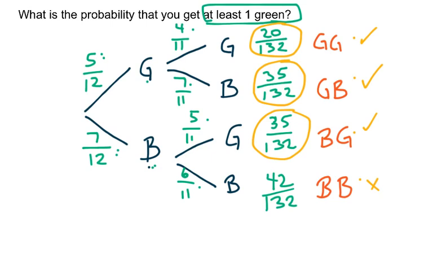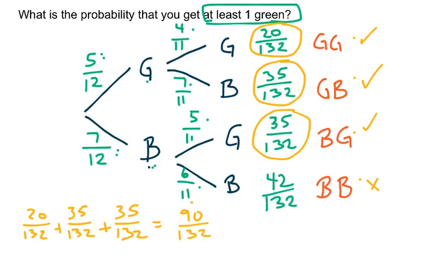And when I do that, I'll have 20 out of 132 plus 35 out of 132 plus 35 out of 132. Finding the sum of those, I get that the probability of getting at least one green is 90 out of 132.